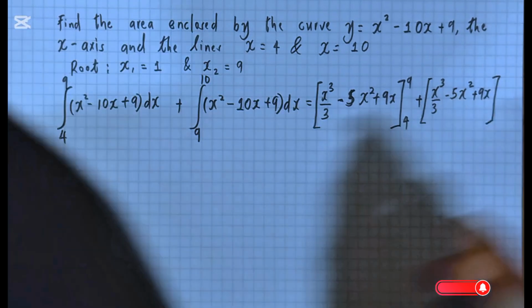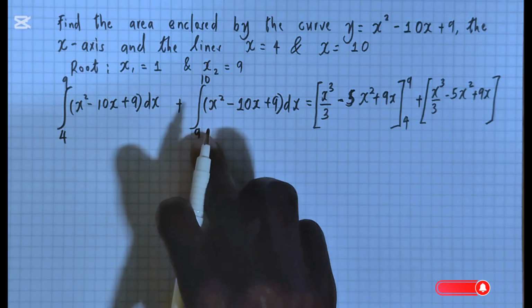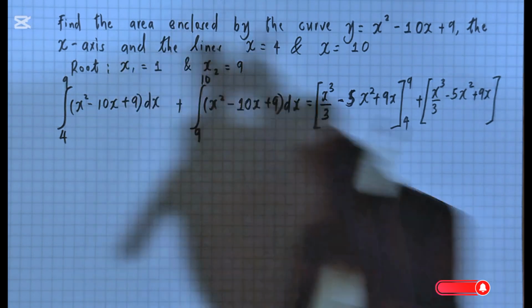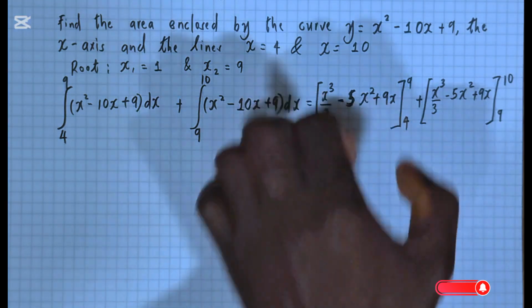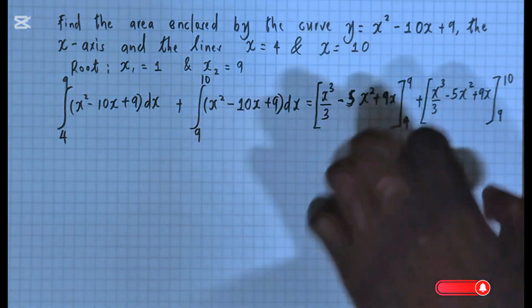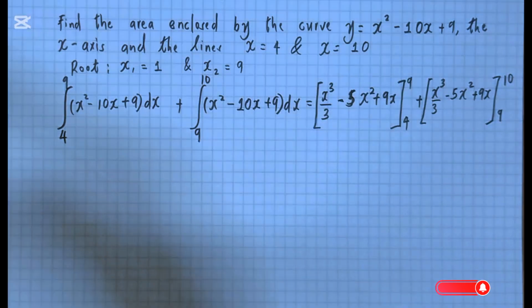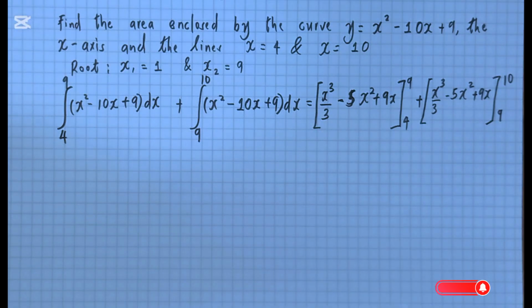The only thing that changes is the limits, running from 9 to 10. That is the area above the x-axis. We deal with the first part, then the second, and add them together to find the total area of the enclosed region we saw in the diagram earlier.